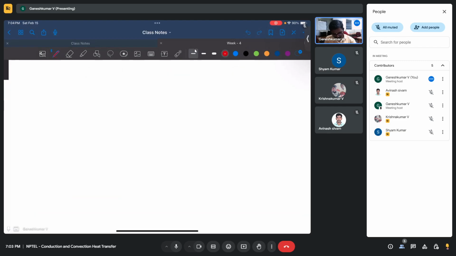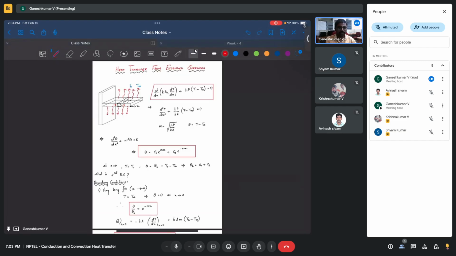Okay. So what we did in week 4, especially in the class, we studied heat transfer from an extended surface, or heat conduction basically from an extended surface. You can also call these extended surfaces fins. These are to improve the heat transfer from your devices.